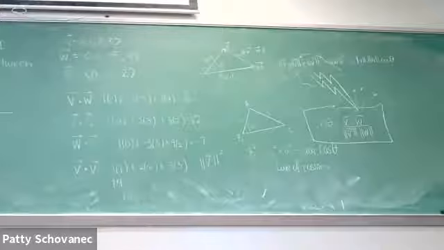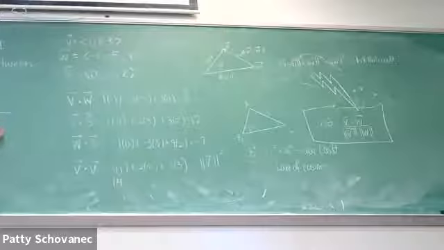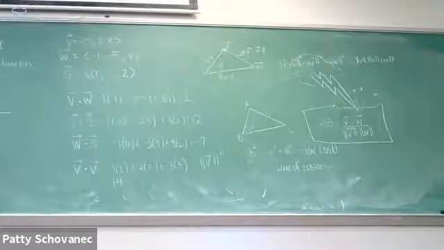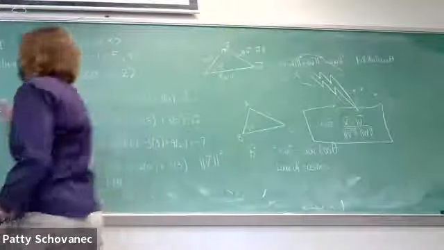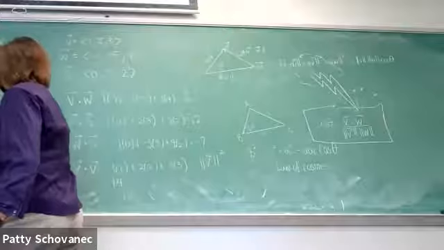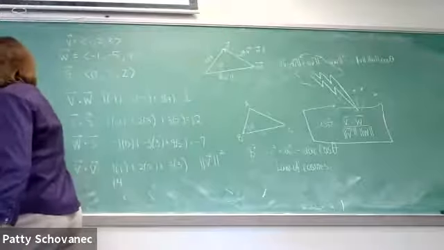That vector, whose terminal point is at (1, 3), and the other vector, whose terminal point is at (4, -2). So vector V and vector W. Find the cosine of that angle right there.